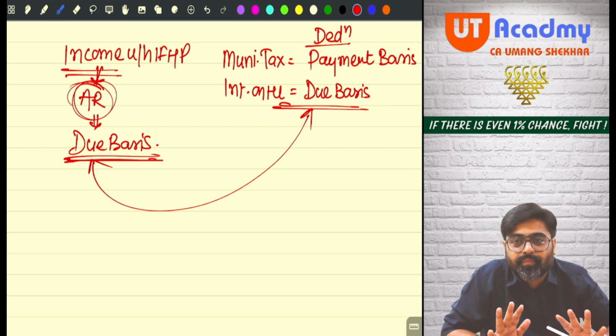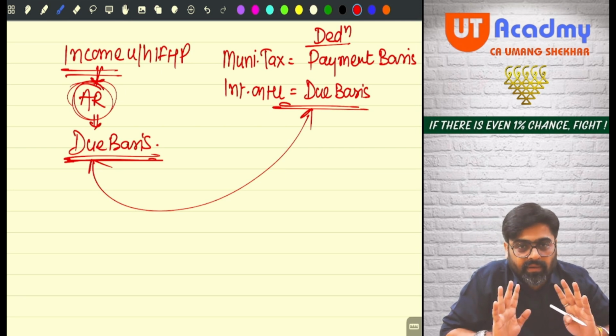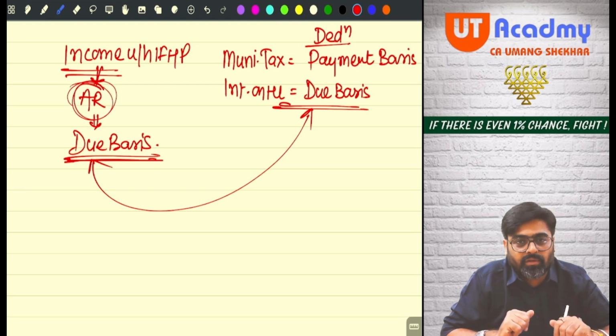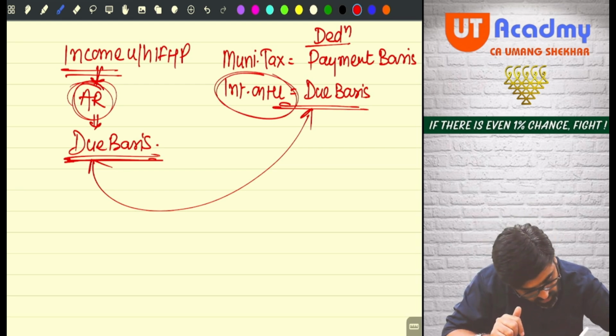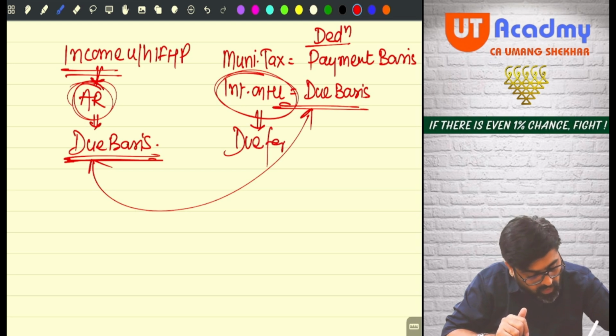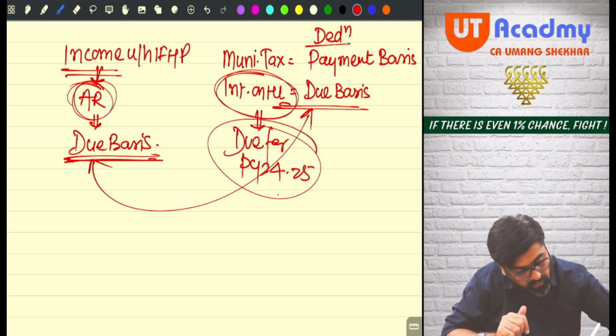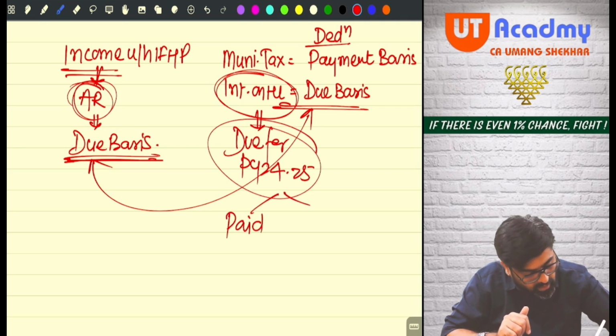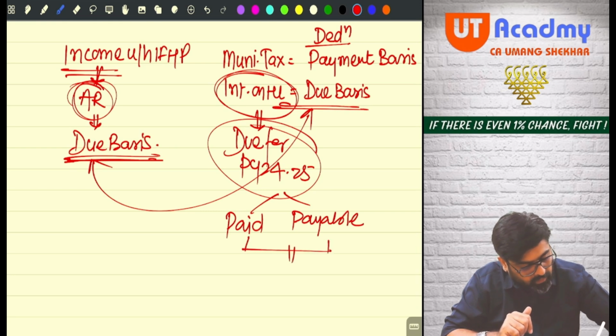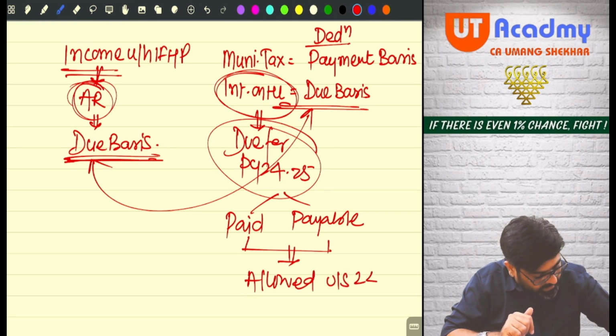Got it? Everyone? Now, what does this mean? Whatever interest on housing loan becomes due for your previous year 24-25, whether it is actually paid or still payable, no matter what, it will be allowed as a deduction under section 24 clause B in previous year 24-25 itself.